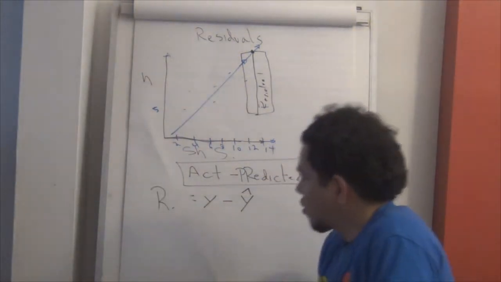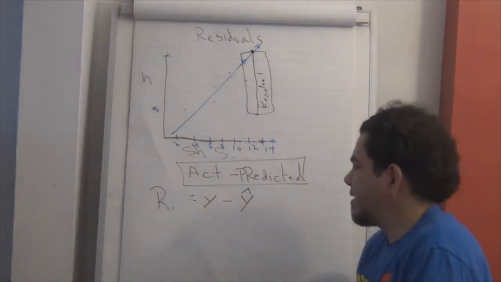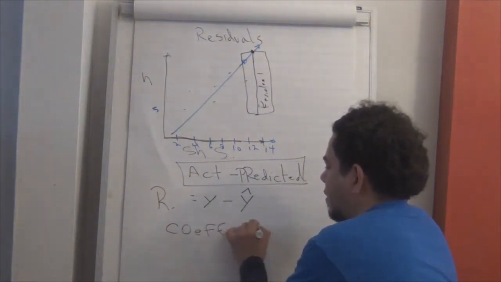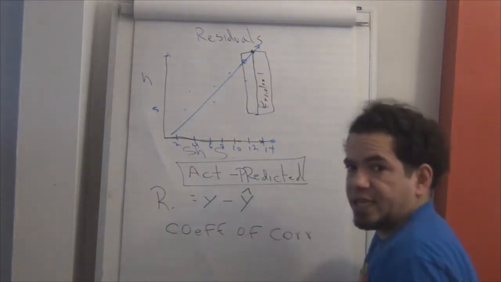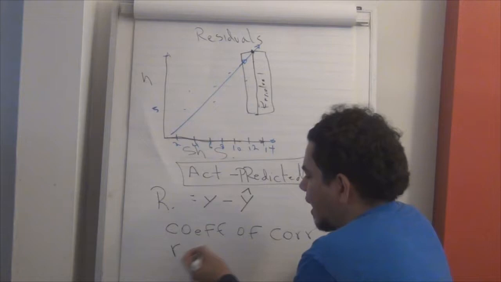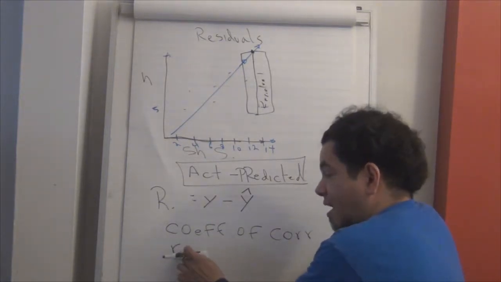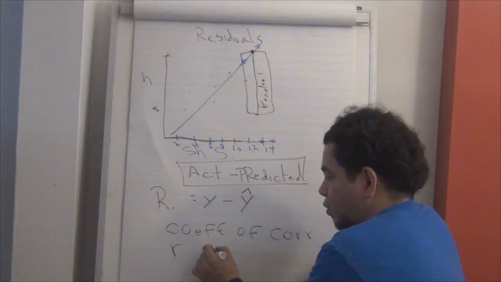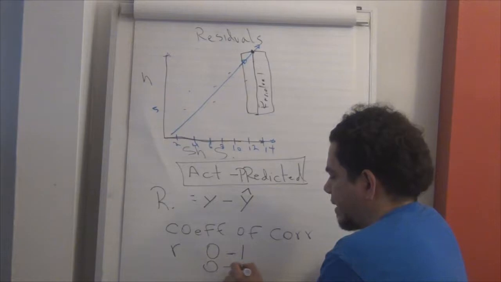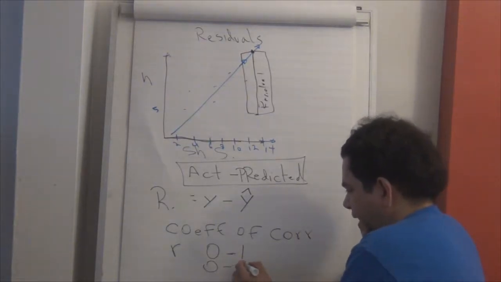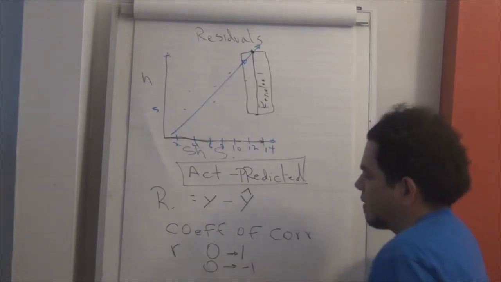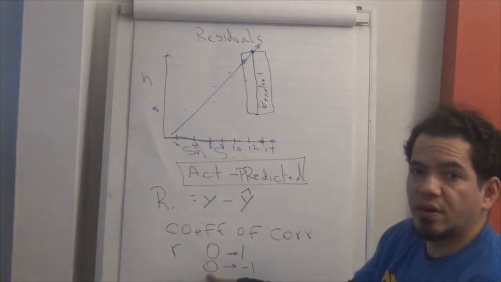Your coefficient of correlation, which is denoted by the letter R, can be anywhere between 0 and 1, or between 0 and -1.